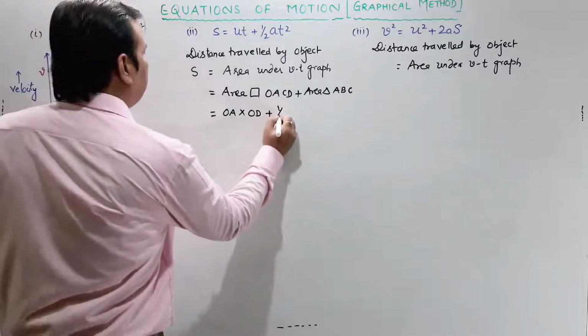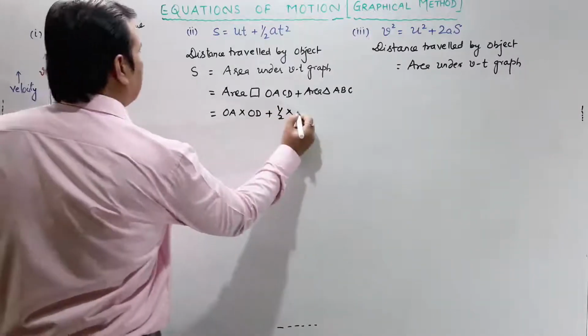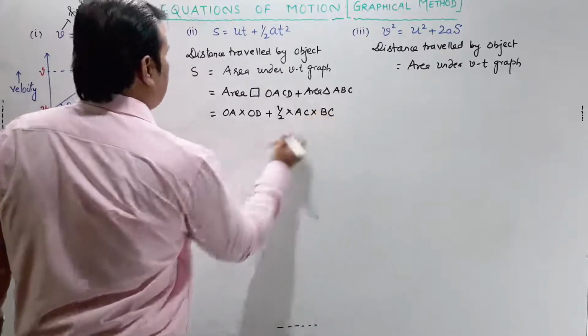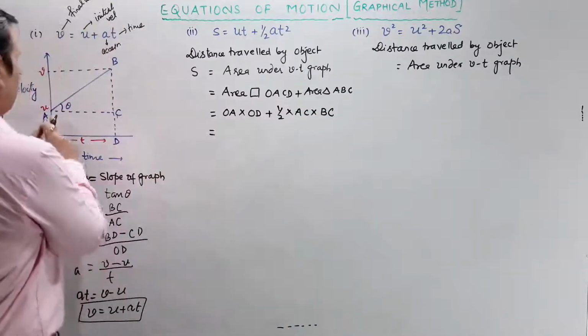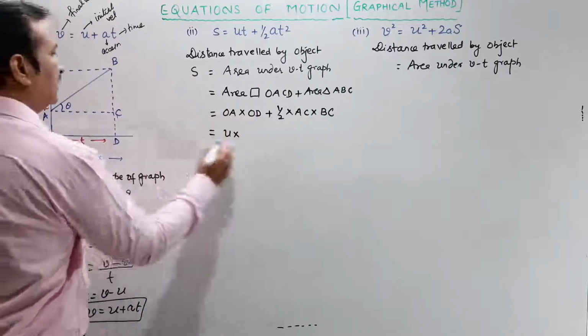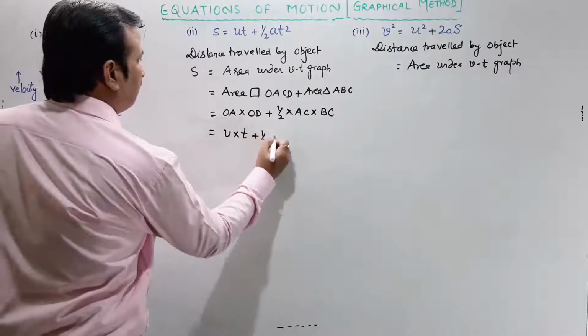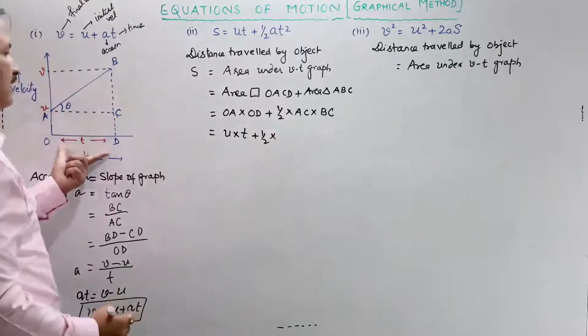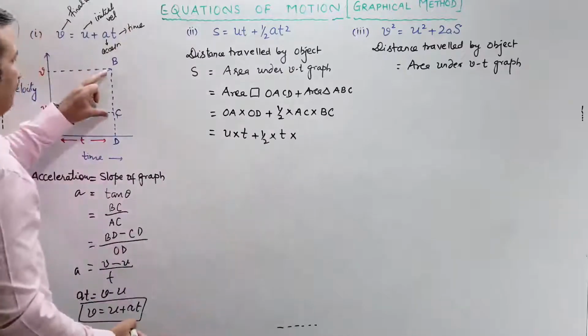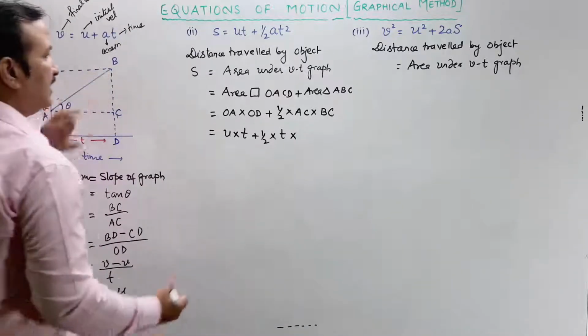So we can write half into base AC, into height BC. OA we can write as U. OD we can write as T. Plus half into AC, and AC is nothing but OD, so we can write T, into BC. BC is V minus U.